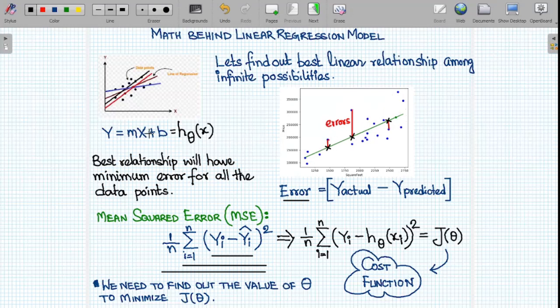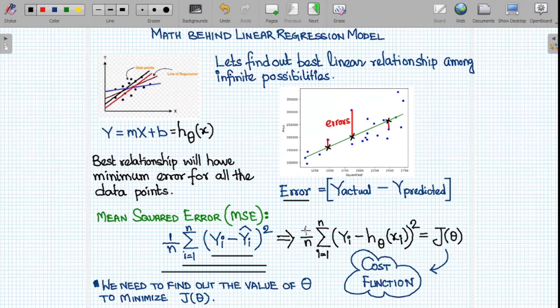Now if we take mx plus b as h theta x, where x is the independent variable and theta is the coefficient, by changing the theta value we can get different straight lines here. We can replace this h theta x in place of y hat, the predicted value. That is what we have done here.